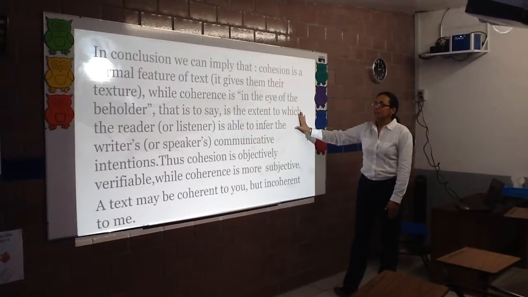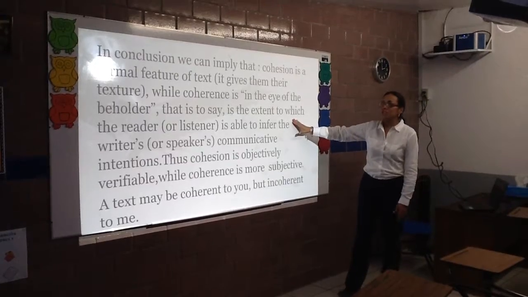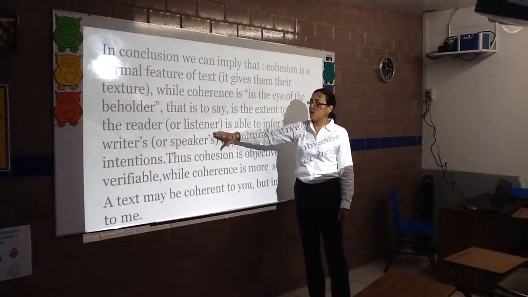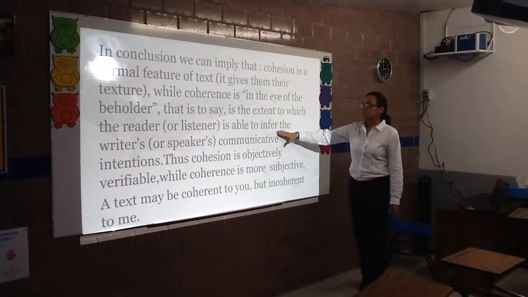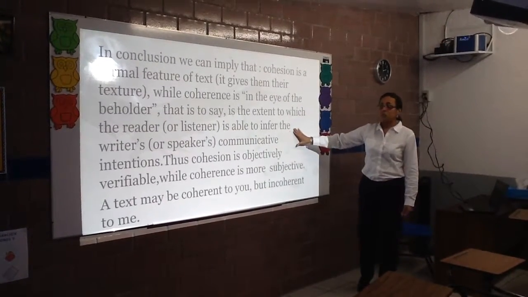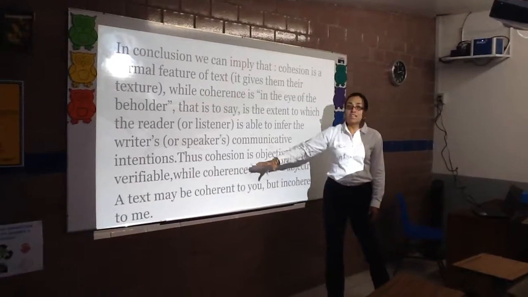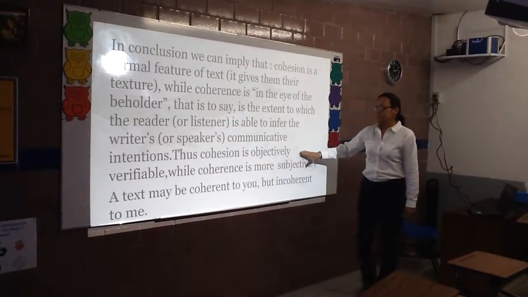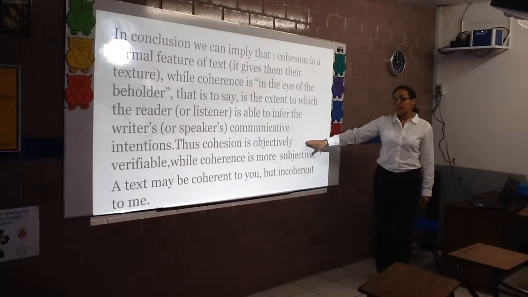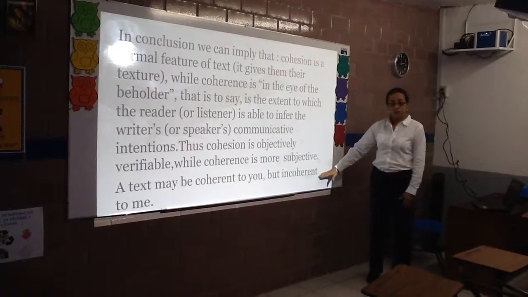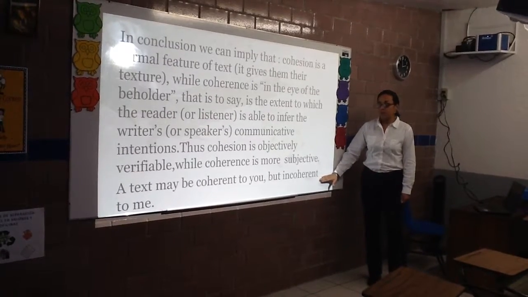This is the extent to which the reader or the listener is able to infer the writer's or speaker's communicative intentions. Thus, cohesion is objectively verifiable, while coherence is more subjective. A text may be coherent to you, but incoherent to me.